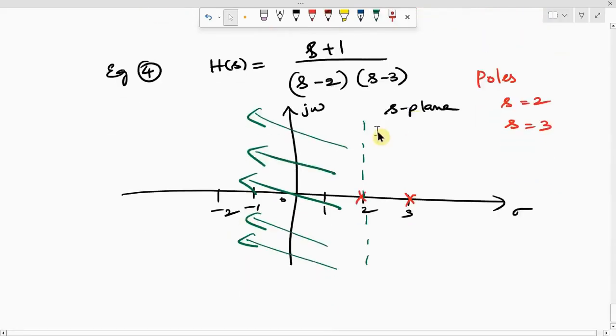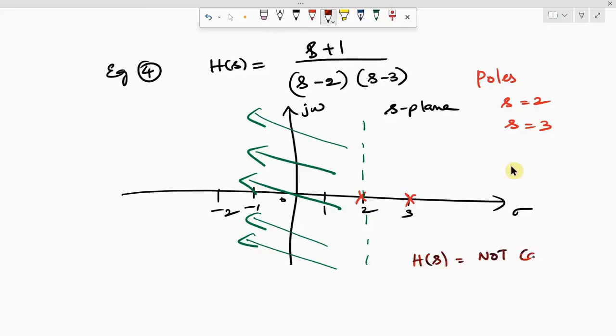Now, tell me the conclusion from this. Is this system H of s with such ROC causal? No, sir. H of s is not causal. Now, do you observe that H of s is satisfying BIBO stability? Yes, sir.